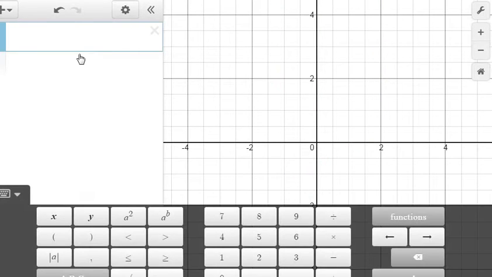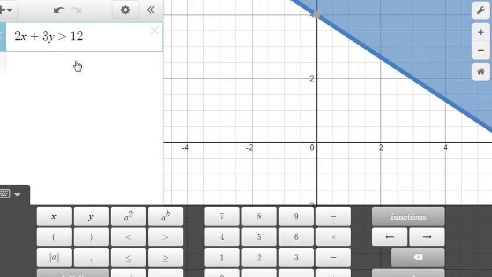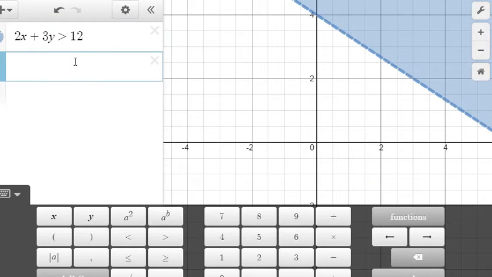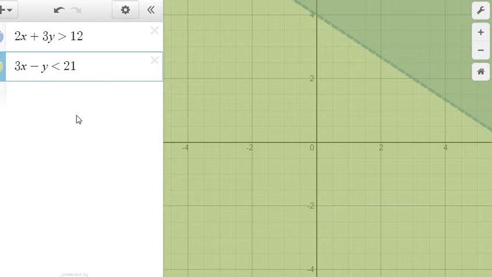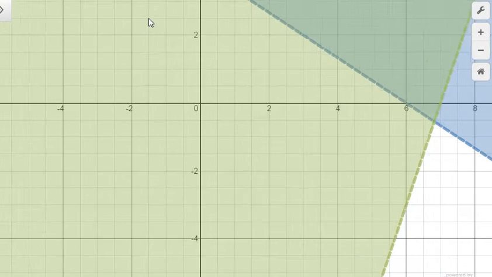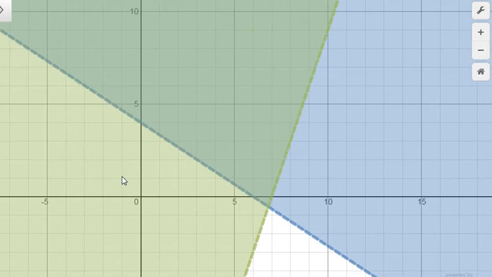So my two inequalities are 2x plus 3y is greater than 12. And the second one was 3x minus y is less than 21. All right, so where do they overlap? Well, right here in this wedge.